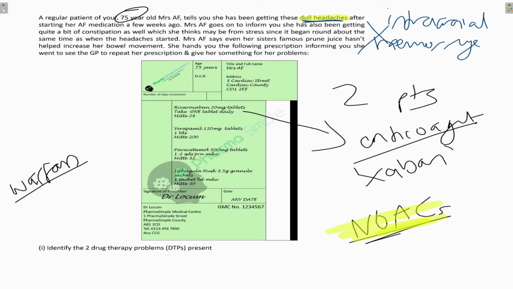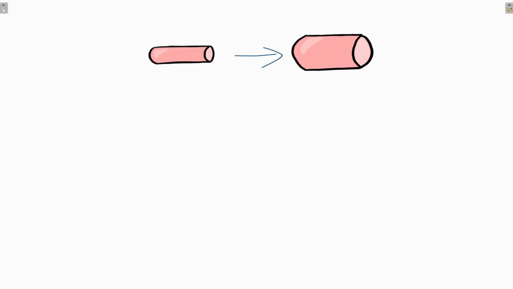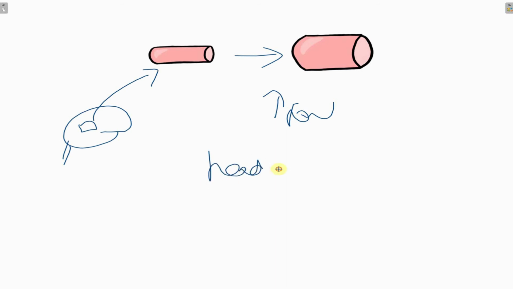Now, it's actually quite common to get headaches with Rivaroxaban, and it's not due to this intracranial hemorrhage. It's not that well understood, but it's believed to be due to what we call systemic arterial vasodilation. So causing vasodilation of cerebral arteries, those are arteries that lead into the brain, causes an increased flow into the brain, and that's thought to cause these headaches that many patients get with Rivaroxaban.